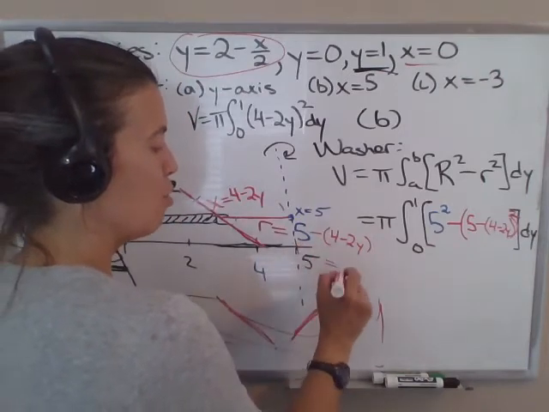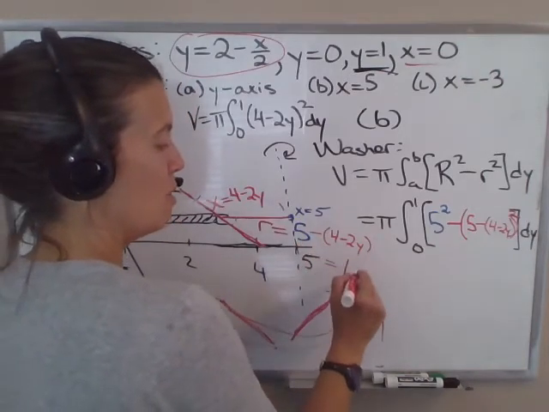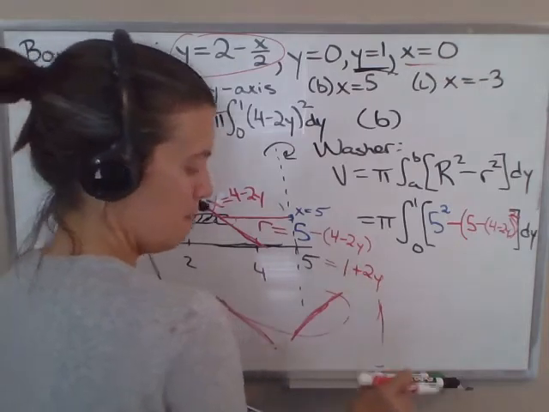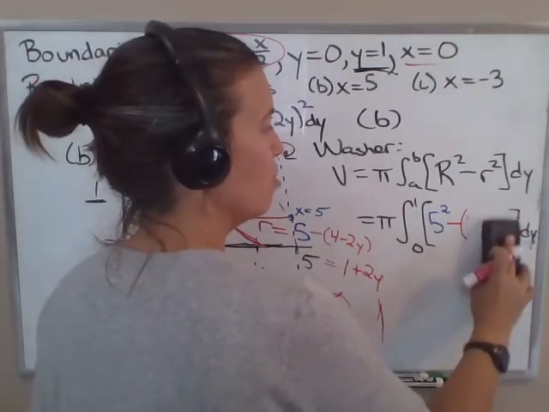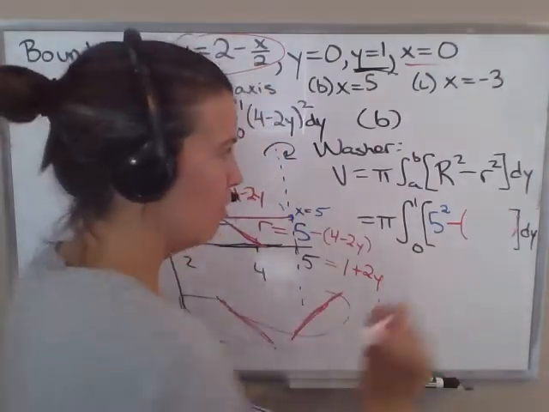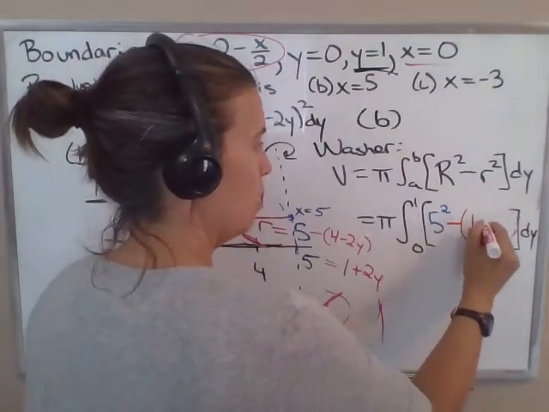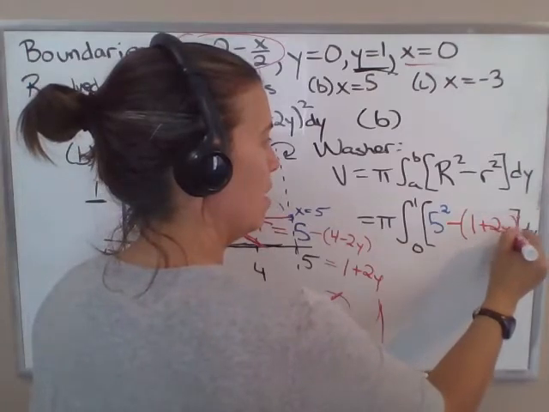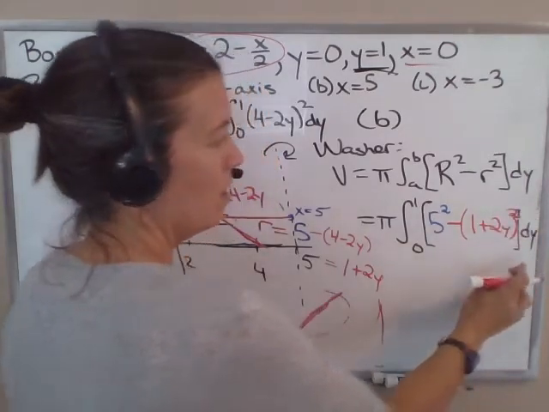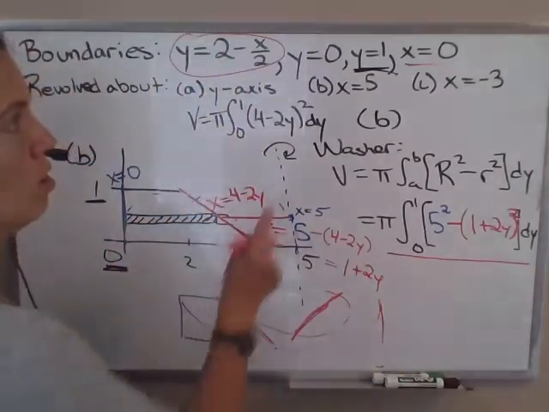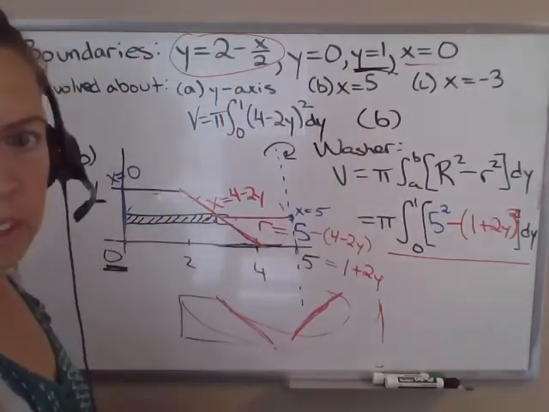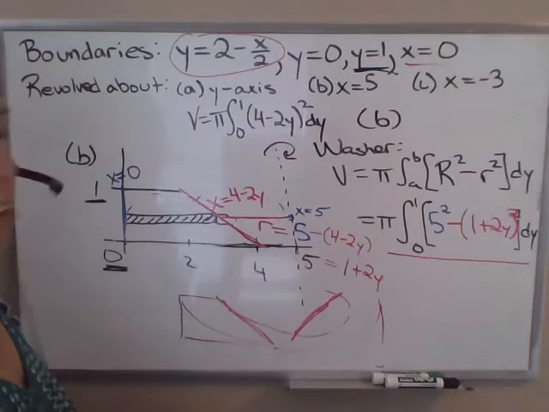That'd be 5 minus 4, which is 1, and then distribute the negative, plus 2y. So this is 1 plus 2y, just in the interest of space and having this be readable. I'm going to write it that way: 1 plus 2y all squared dy. And so this right here is your answer to part B using the washer method.